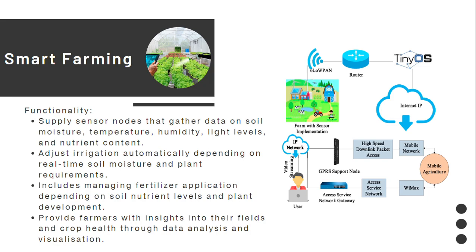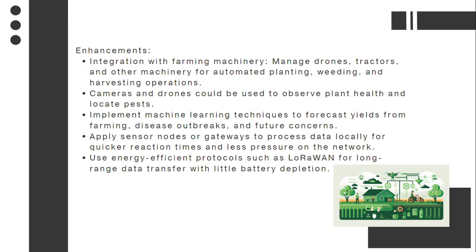Okay. The next one is enhancements of the smart farming system. Integration with farming machinery, which manages drones, tractors, and other machinery for automated planting, weeding, and harvesting operations, will be implemented into this system for better use.